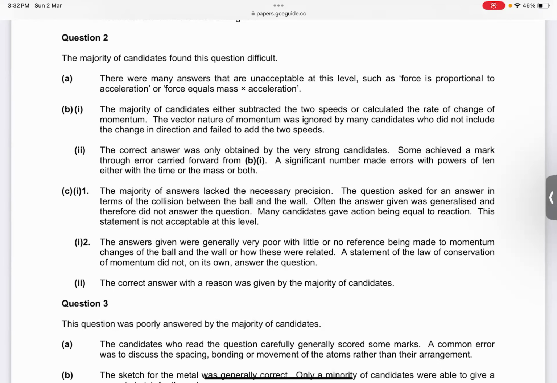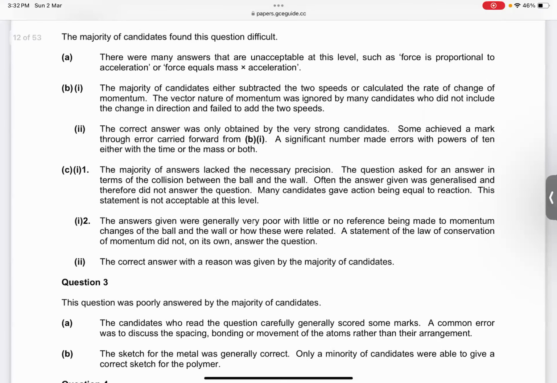Or maybe one. The second part was where they asked you to apply the law of conservation of momentum. The answers given were generally very poor, with little or no reference to the momentum change of the ball and the wall, or how they are related. The statement of the law of conservation of momentum did not on its own answer the question. If you just write that in an isolated system the total momentum before and after the collision is conserved, this will not answer the question.